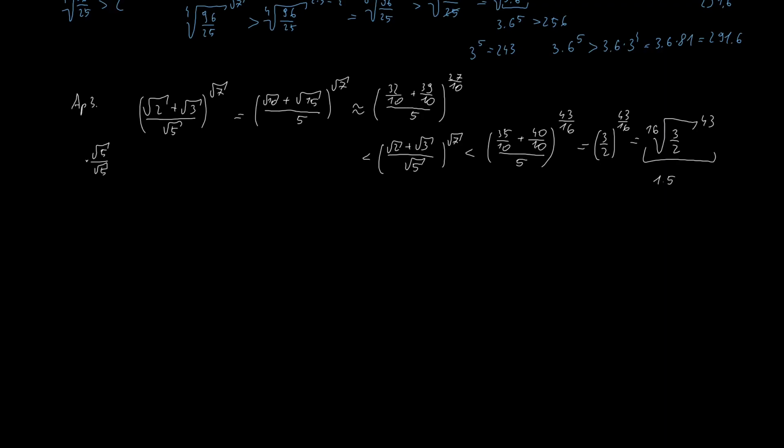Now for the lower bound we need to put smaller numbers than those. So it is more than 3.0 plus 3.8, divided by 5, to the power of 21 divided by 8, which is 2.9 divided by 2.5, the 8th root to the power of 21.